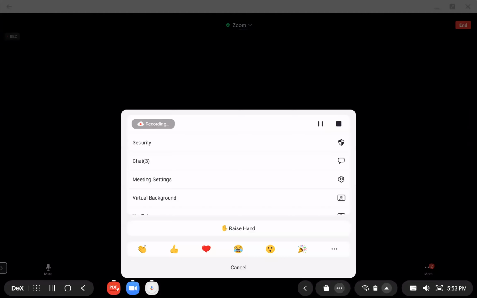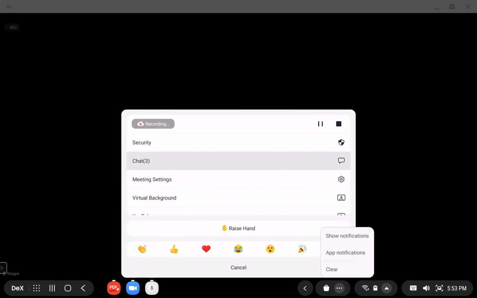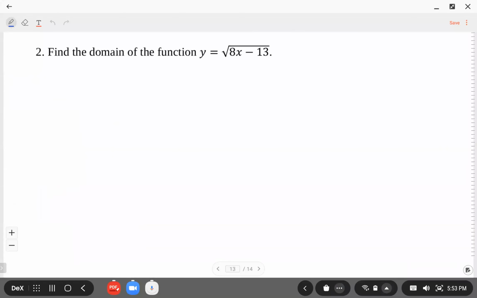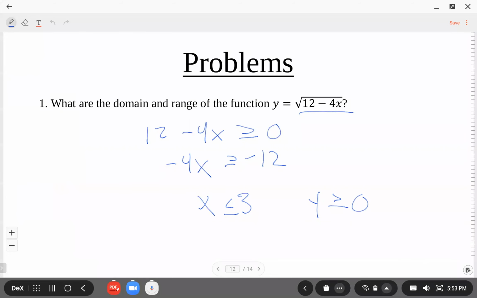Okay, 2 comments, 3 comments. Oh, okay. Problem 1. Hopefully you can still write. My handwriting is very bad and I didn't explain that much. But I did explain. I just didn't write down what I explained.